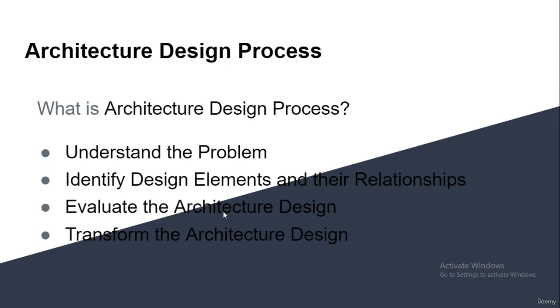Number three, evaluate the architecture design. Each quality attribute is given an estimate, so in order to gather qualitative measures or quantitative data, the design is evaluated. It involves evaluating the architecture for conformance to architectural quality attributes requirements.